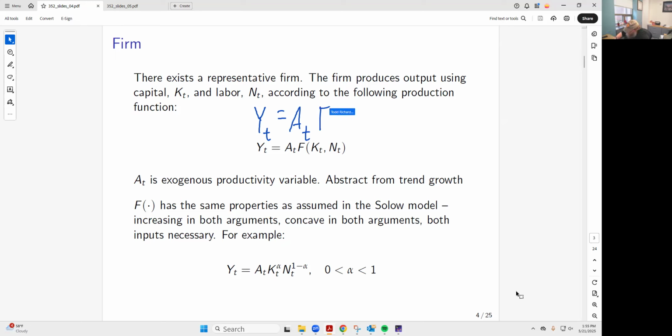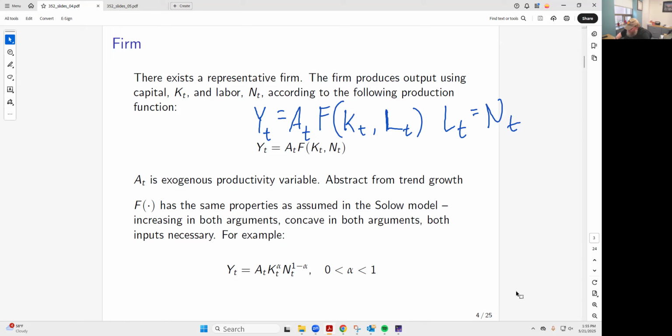And that's going to be times the function itself, which is going to have a capital amount as well as a labor amount. And again, here L_T is equal to N_T, just so we can keep things straight for ourselves.